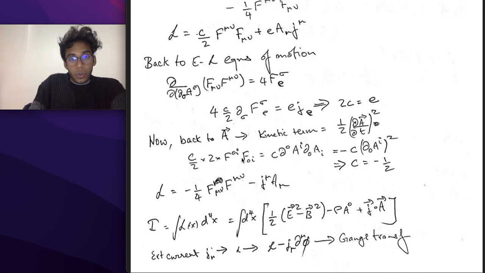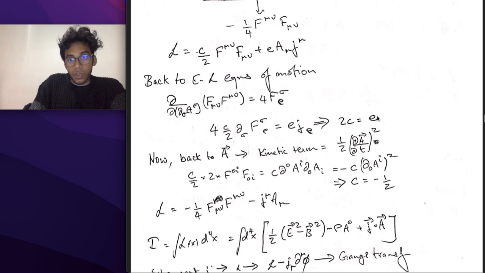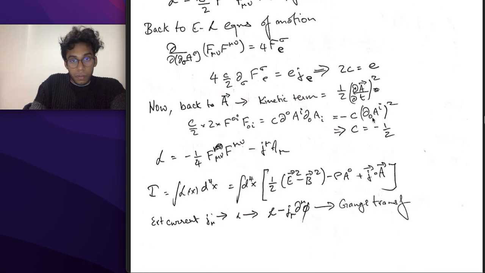So when you take the F0i component, which gives you dou not Ai, dou not Ai, therefore this coefficient must be half here. So you get c is equal to minus half, and therefore 2c is equal to e, so e is equal to minus 1.